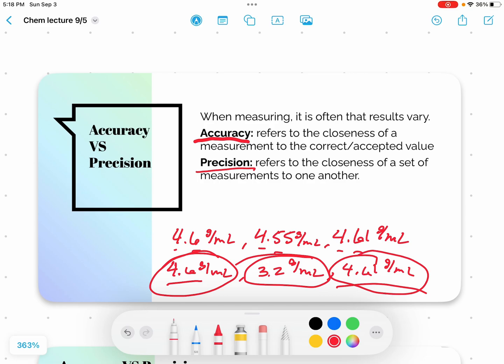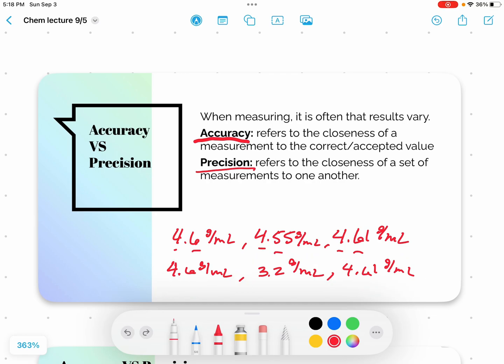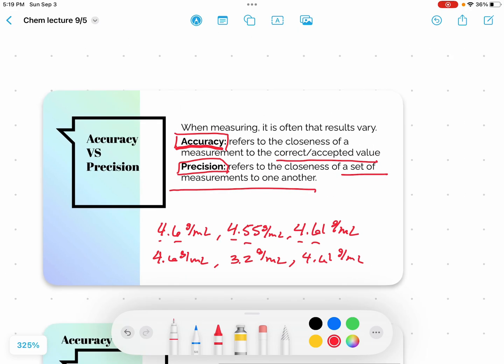Now, would they be accurate? That depends on what we're measuring. If we said it was back to that 4.6, yeah, it would also be precise and accurate. So, the big difference between accuracy and precision: accuracy is dealing with closeness to the correct or accepted value, while precision is looking at all of the measurements and are they close to each other.